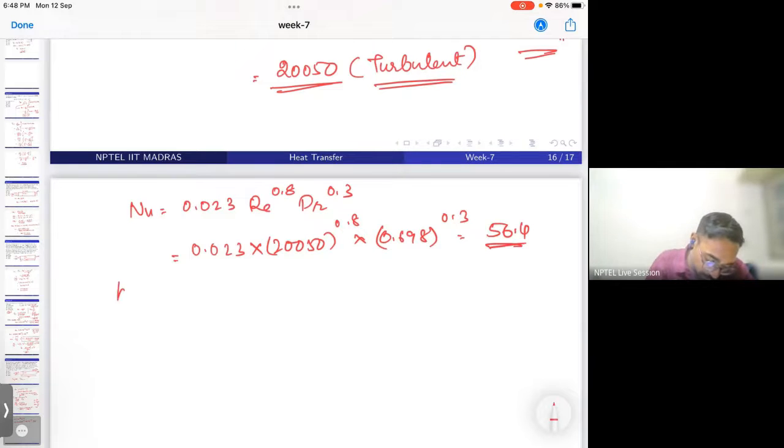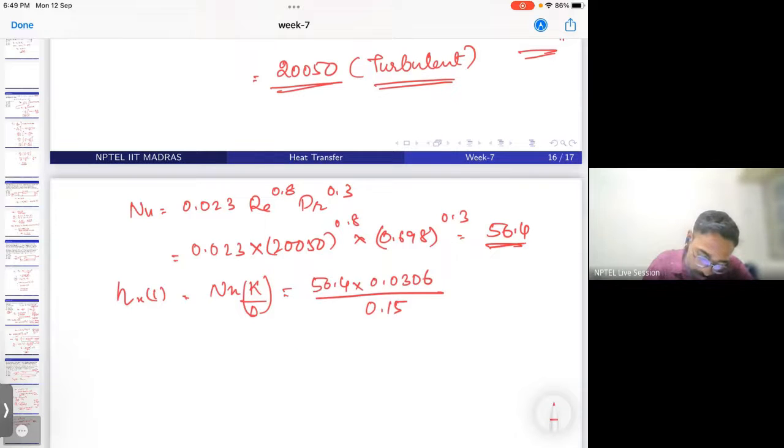So if you take the local heat transfer coefficient, h equal to Nu k by d.